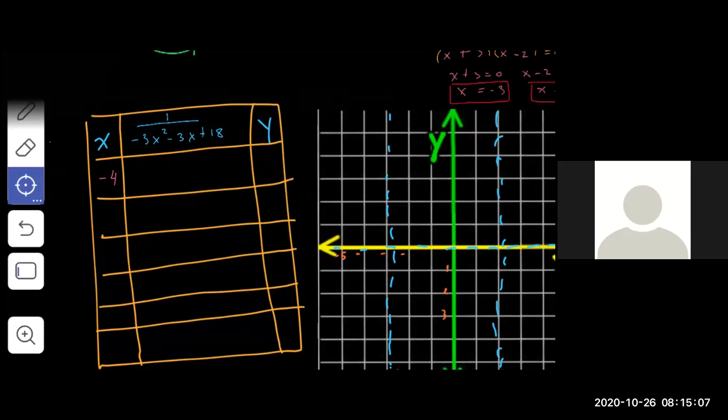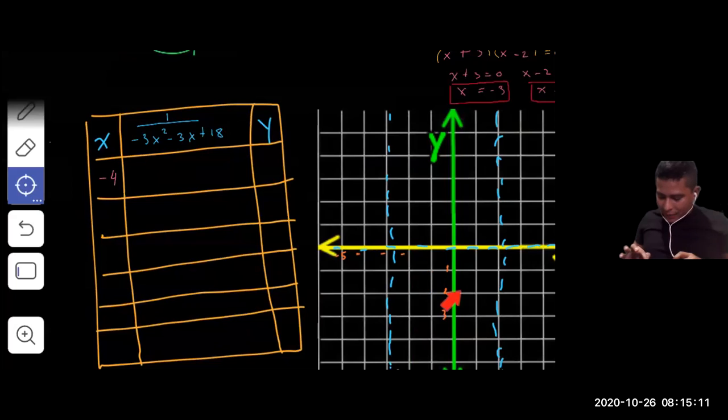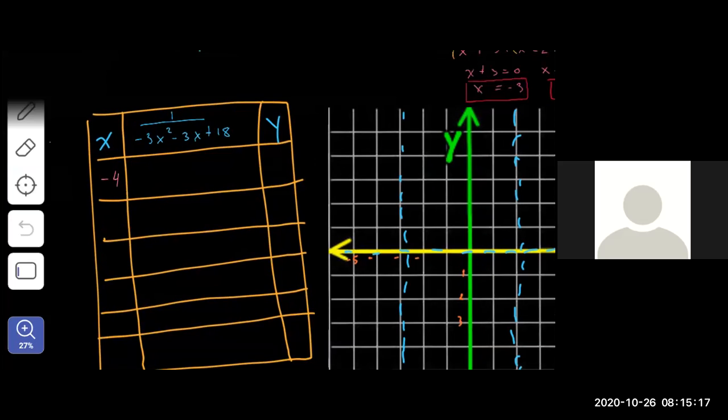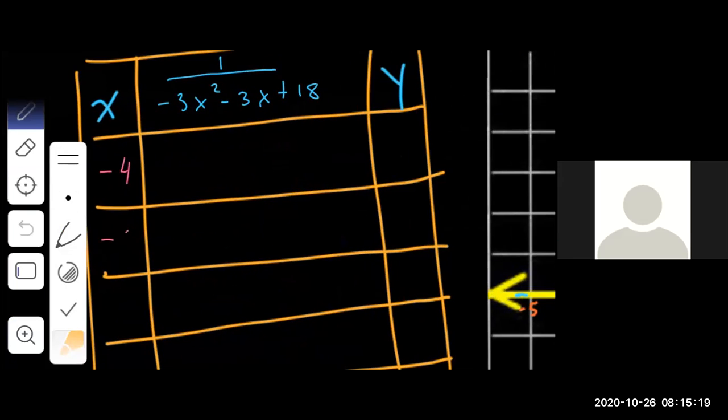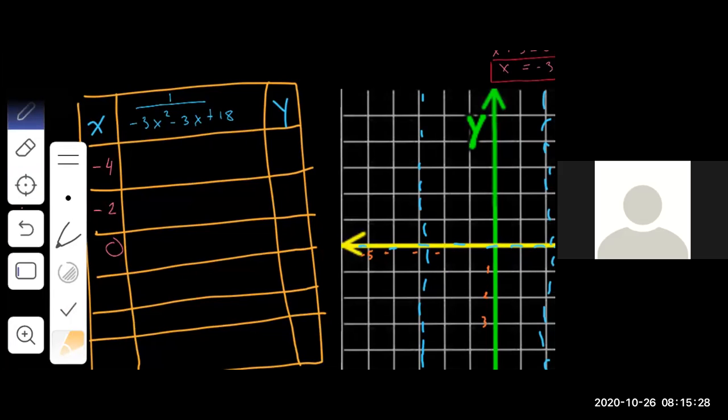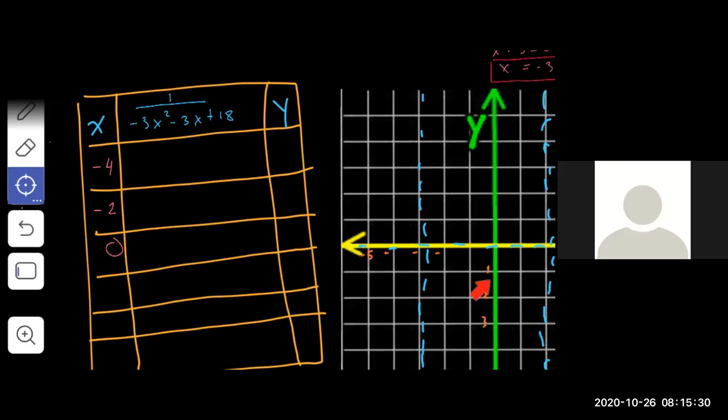My camera is off and I don't know why. We can take negative 2 and what? We can take 0. Let me see, negative 2, 0. And let's take another one, guys. Negative 1 and 1? Because we don't know, guys, this is the first time that we graph something that has something in the middle.